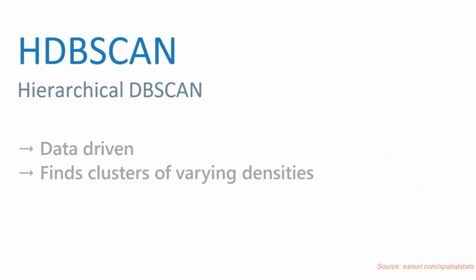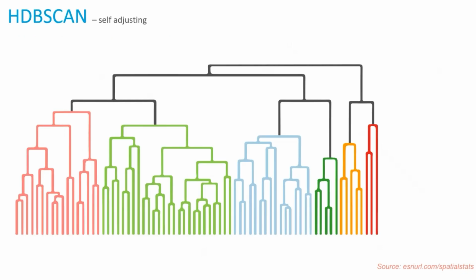The model will try to identify the search distances and the number of clusters by itself. So it is capable of working with data of varying densities. That is why we call it self-adjusting, because on the fly it can decide the right search distances and number of clusters.